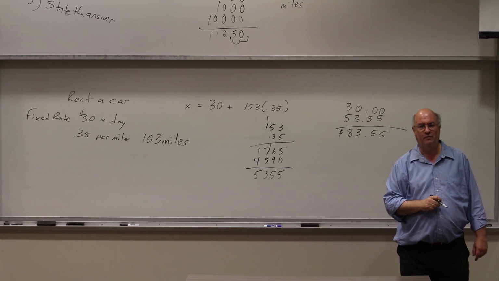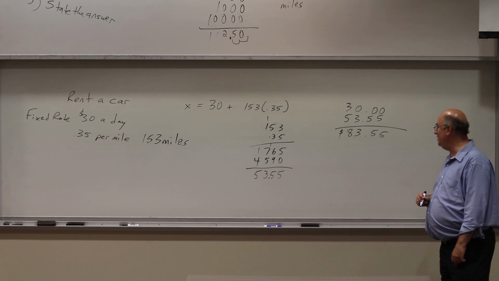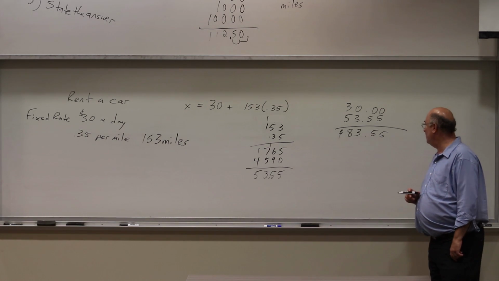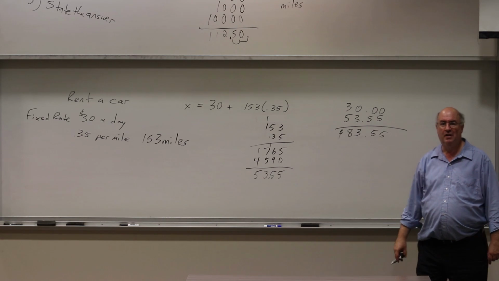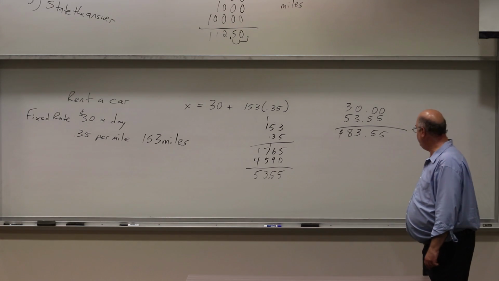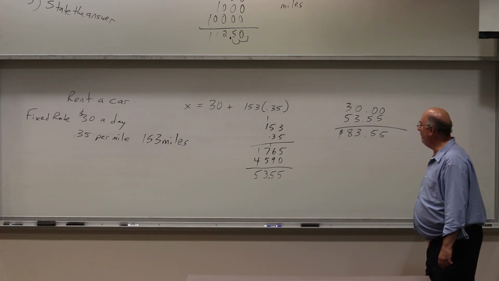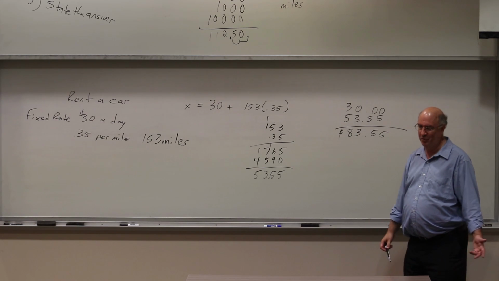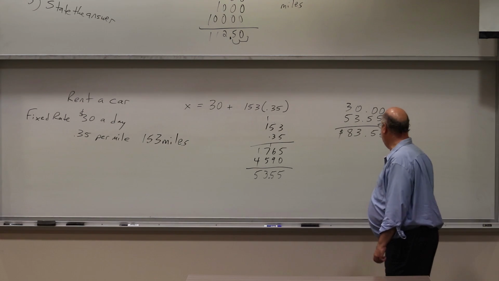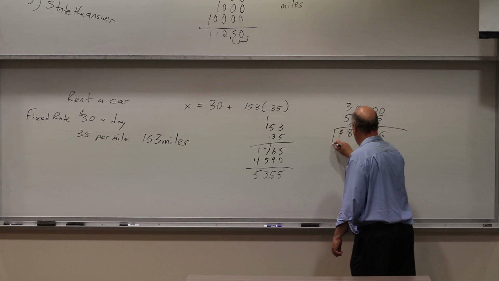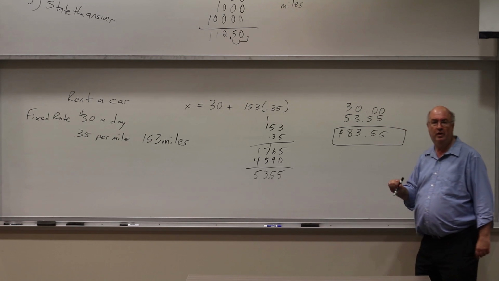So to drive the Jeep around 153 miles, in this case, would cost $83.55. And that would be our answer. Double check our math, make sure we got it right, and then we'd say our answer, and then we're all good.